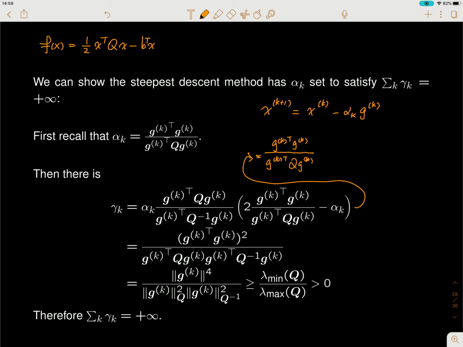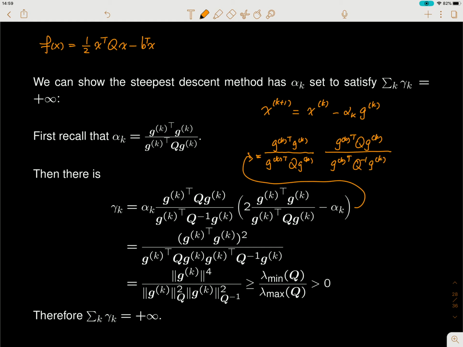This is the alpha k that I write first. Okay, this is this term. And then I just repeat this term, which is gk transpose Qgk divided by gk transpose Q inverse gk.